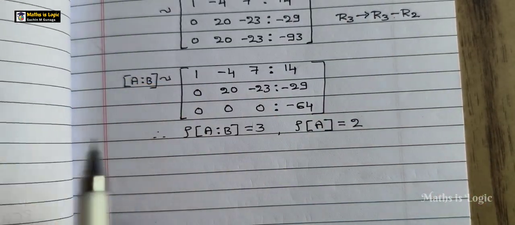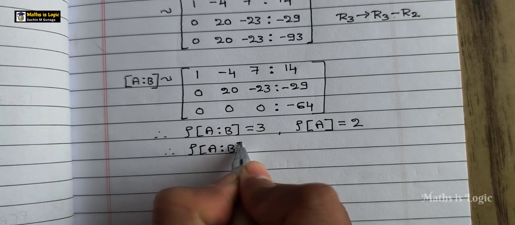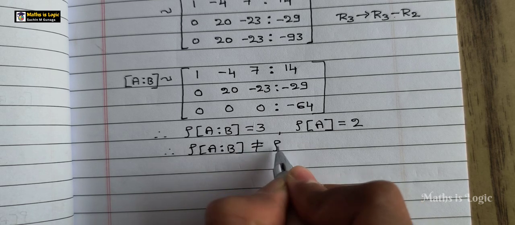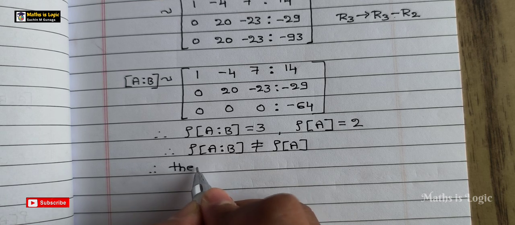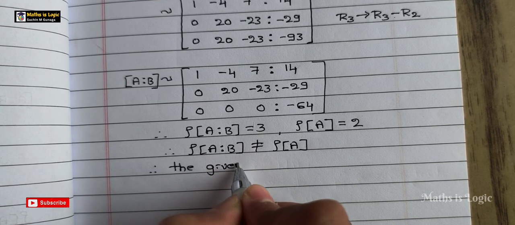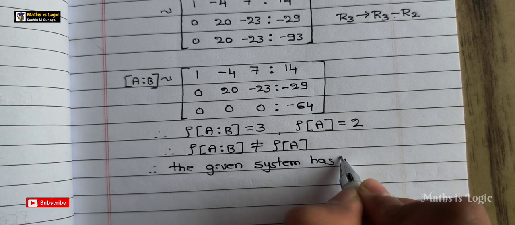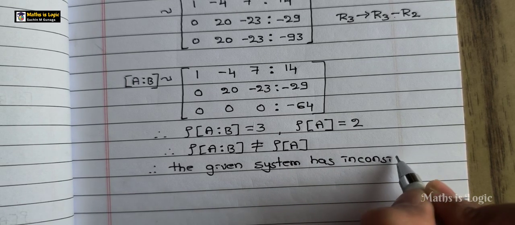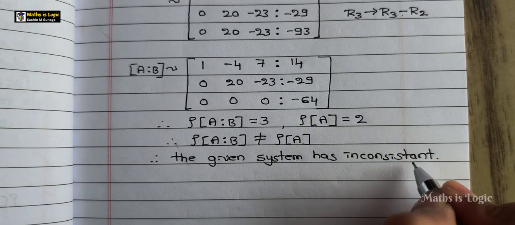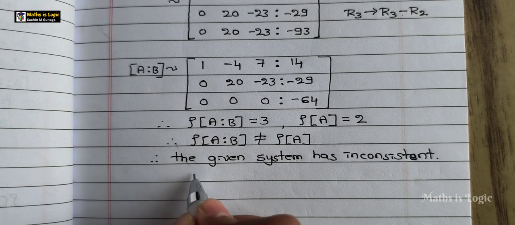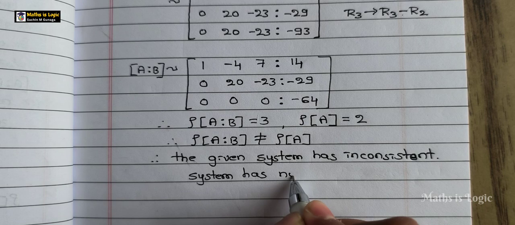Therefore, we have to write here, therefore rank of augmented matrix is not equal to rank of A. Therefore, the given system is inconsistent. Inconsistent, it means system has no solutions.